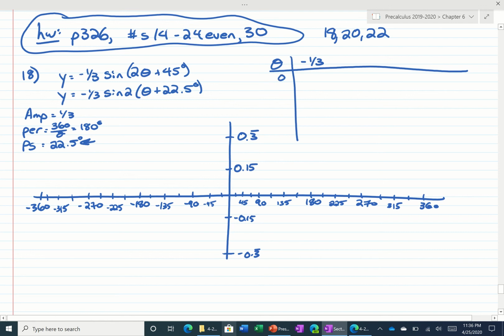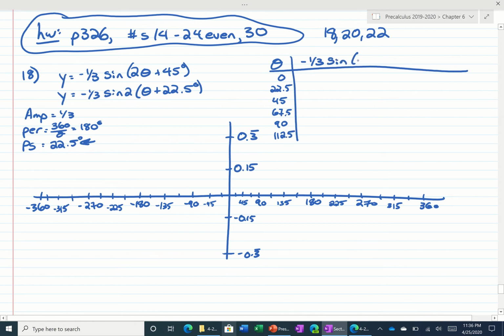I'm going to go 0, 22.5, 45. 45 plus 22.5 is 67.5. Then I'll get to 90. Then I'll add 22.5, which is 112.5. And hopefully this gives me a good idea of what the graph should look like.